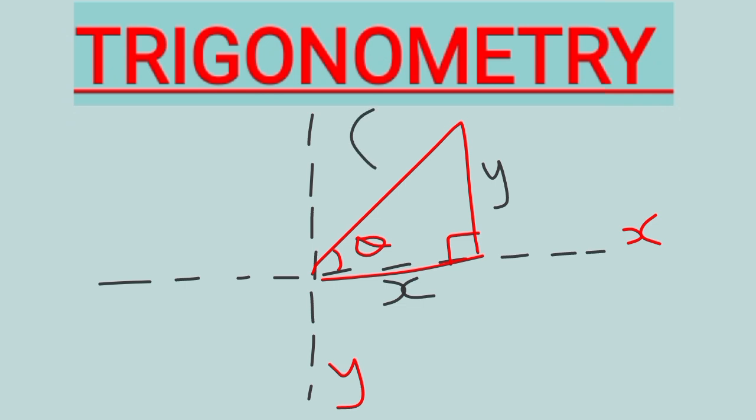And then this longest side, we are calling it hypotenuse. Now, after putting it on a Cartesian plane, we can see that if we move from this point to this point, and also from the same point to this point, it is the same as walking from this point all the way to that point.